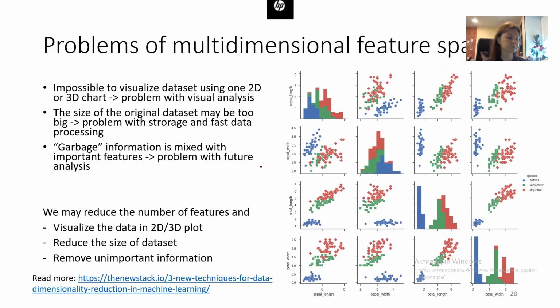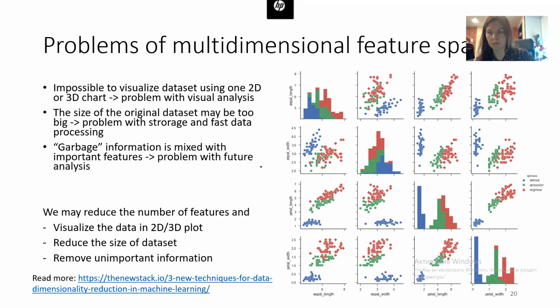When we are talking about multidimensional feature space, we mean that we have observations, some patients, I don't know, website visitors, customers. Anyway, we have a lot of parameters which describe our object of observation.